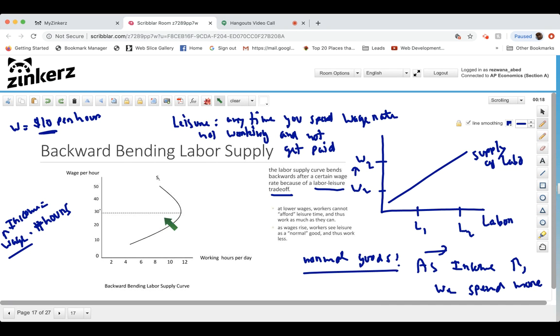But once we get past a certain level of wage, they have already achieved that level of income, so they don't really have to work as much, and they find it more appealing to spend more time in leisure and not working.